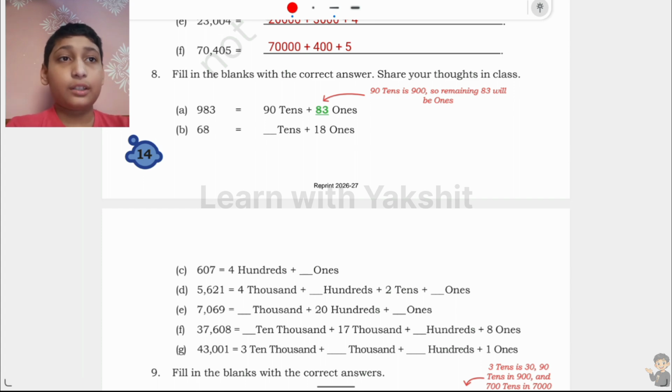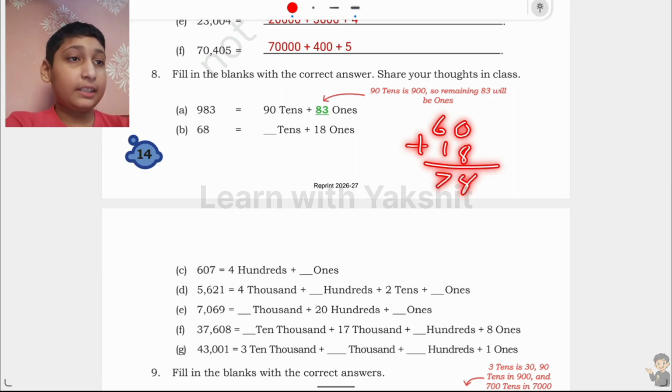Now, the next one is a little tricky. There is 18 ones, but tens, you may think 60. See, because if you do 60 plus 18, that becomes 78.